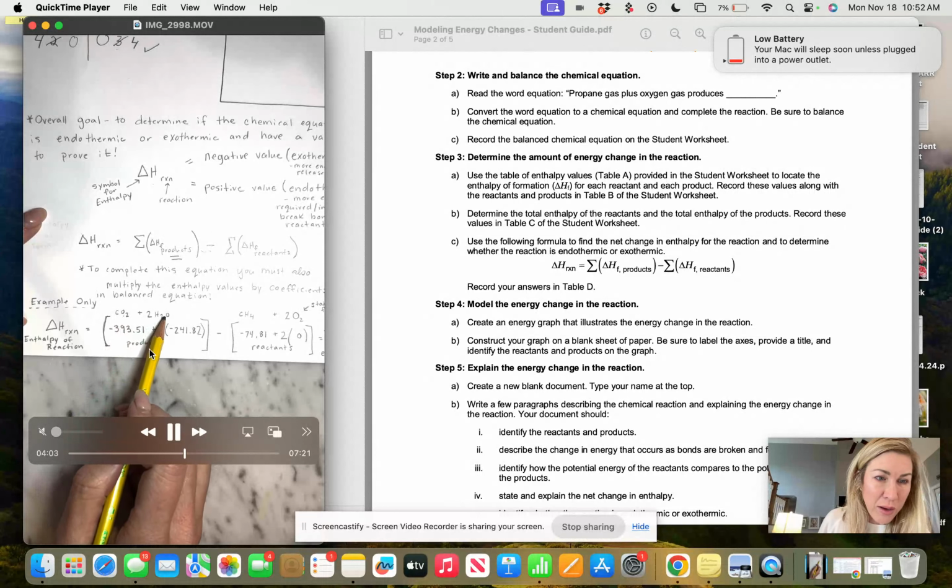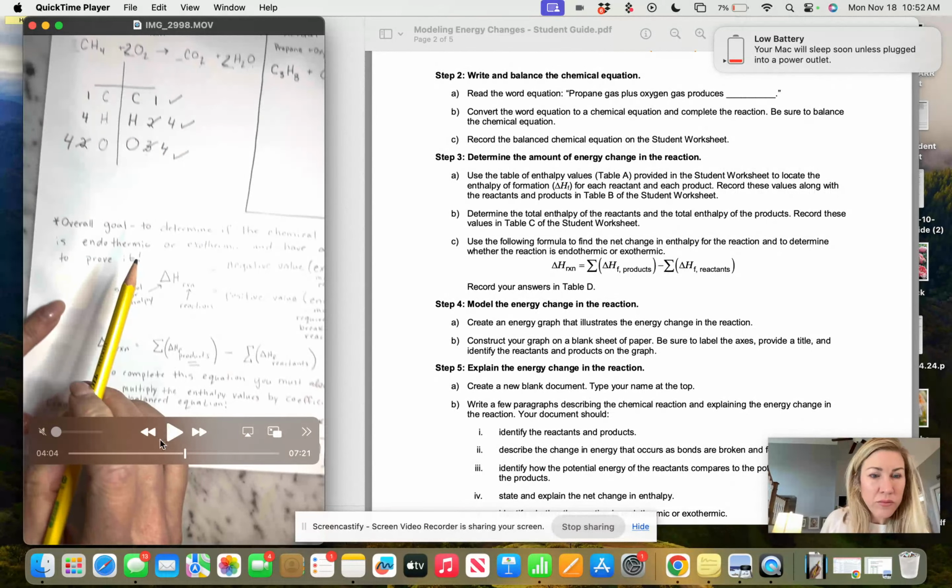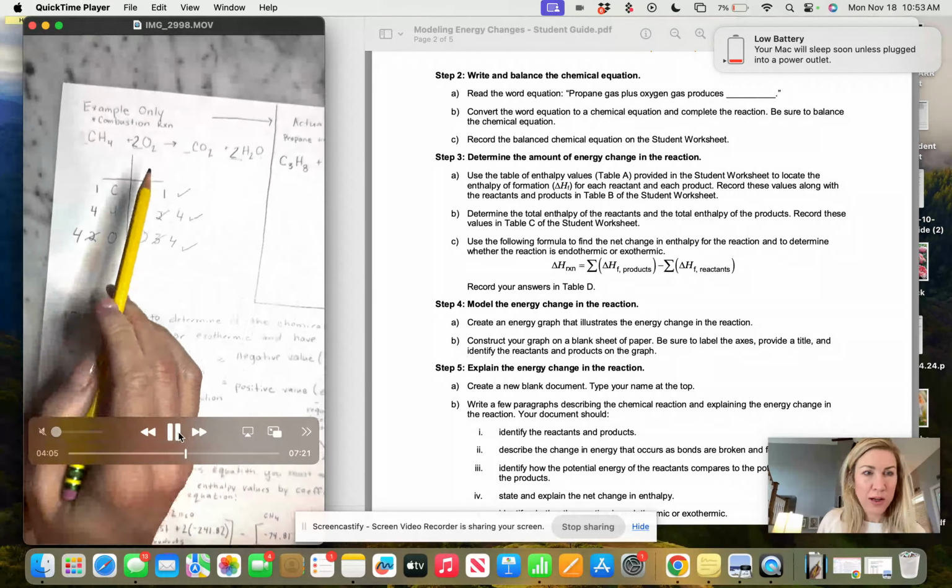So in my problem, I used methane, the combustion of methane. And so I start with my products, which are carbon dioxide and water. I'm going to point out that I don't have any coefficients in front of the carbon dioxide, and I have 2 in front of the water. Okay.